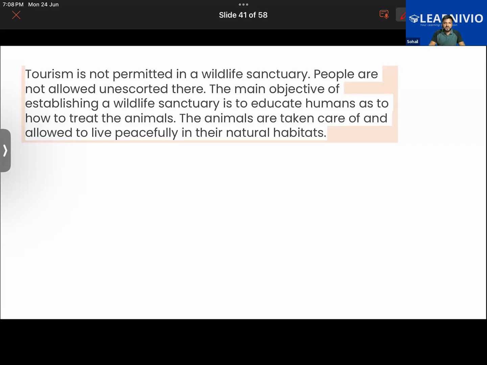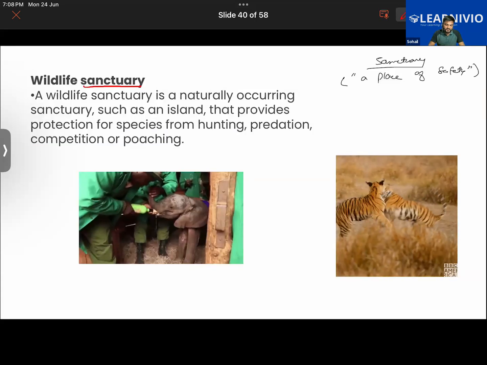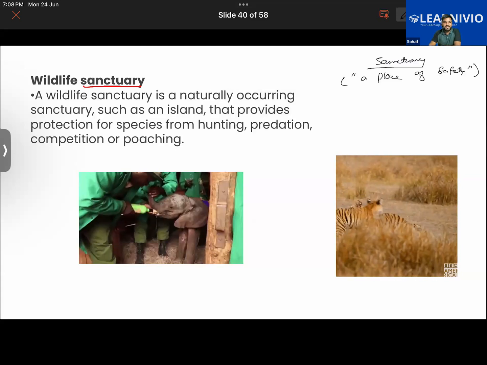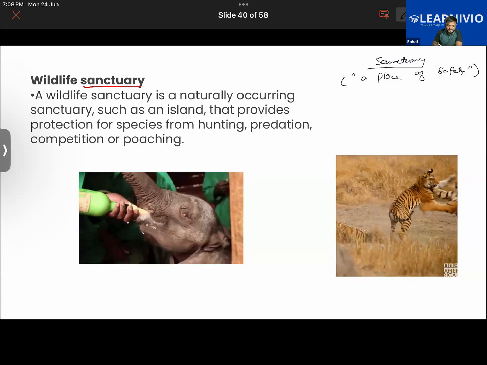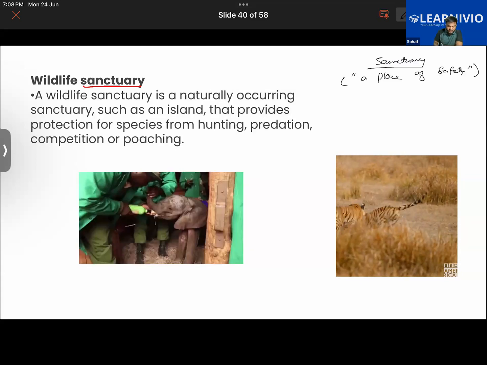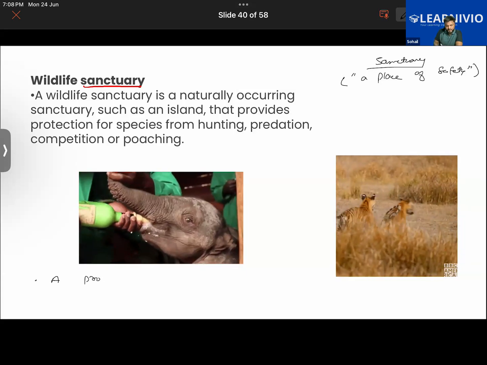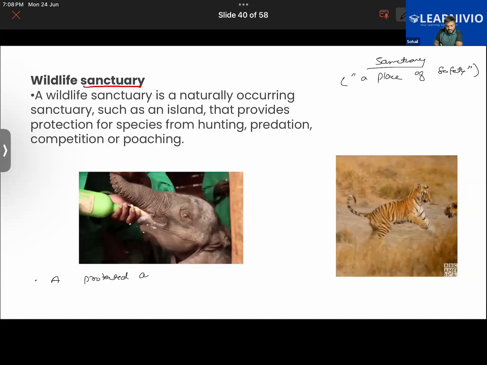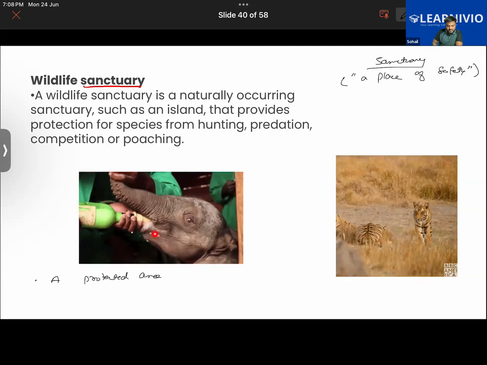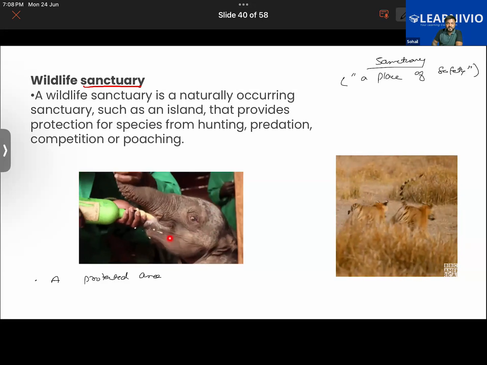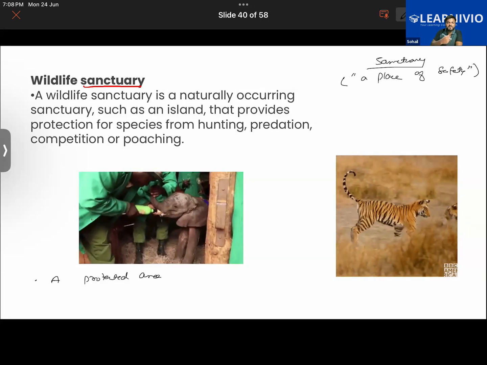So that is the thing about a wildlife sanctuary. It's basically a protected area of land, which is created for the protection of wild animals in their natural habitat. So if someone were to ask you the definition, how do you define this? Basically, it's a protected area. Like in this image, in this video also, you can see how they are being taken care of. It's not like they are left on their own.